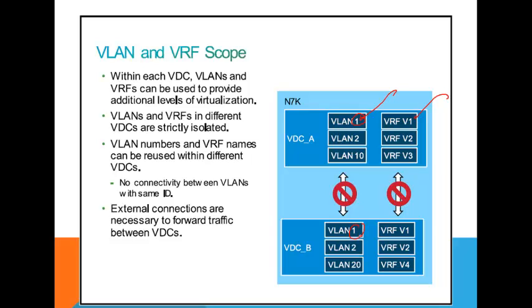The reuse of VRF names and VLAN names is allowed. If I want to communicate between one member of this VLAN and the other member of this VLAN, all I need to do is connect one cable here and another physical cable externally to do the connection. So external connections are necessary to forward the traffic between the VDCs if required.